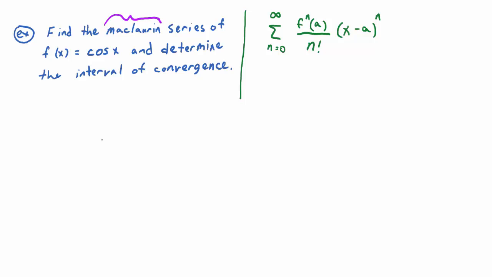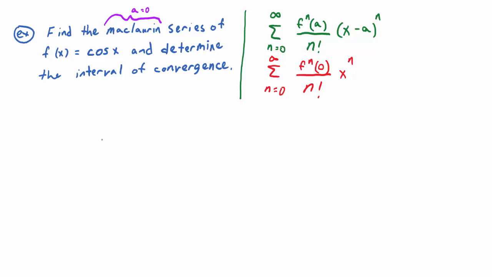When you see Maclaurin, that just means a equals 0. So what does the series become? The sum n equals 0 to infinity, the nth derivative evaluated at 0, over n factorial, times x to the n. A little nicer to look at, right?